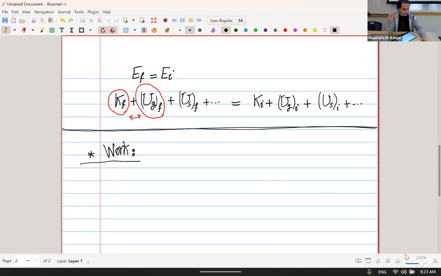In physics, work means a physical quantity, okay? It's usually associated with energy transfer. It's almost always associated with energy transfer, but it's not energy transfer, okay?